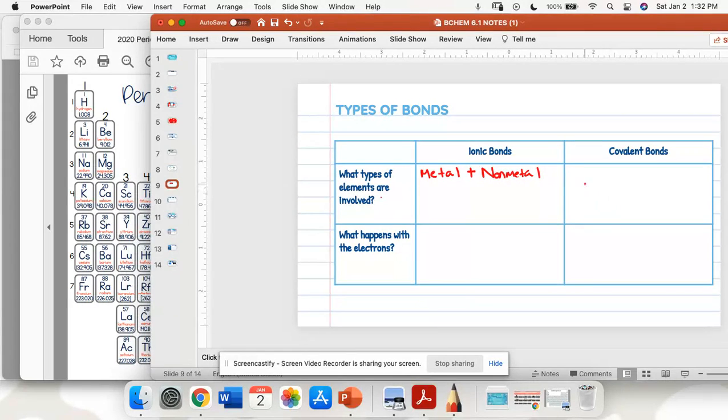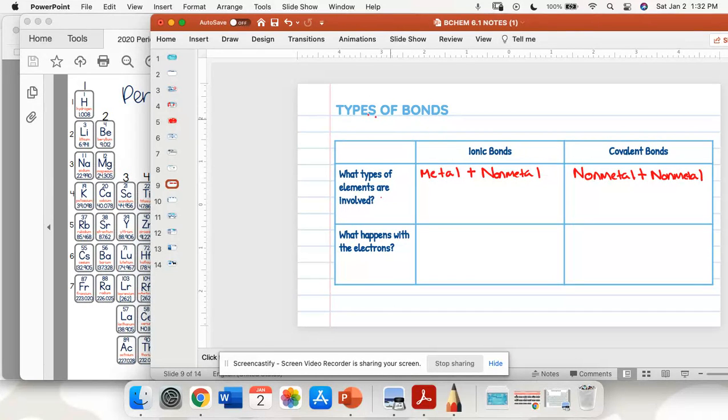And in covalent bonds, remember there's no stealing or giving up electrons. They share, which is the next part of this question. So in covalent bonds, this is two nonmetals. So we will have a nonmetal plus a nonmetal.